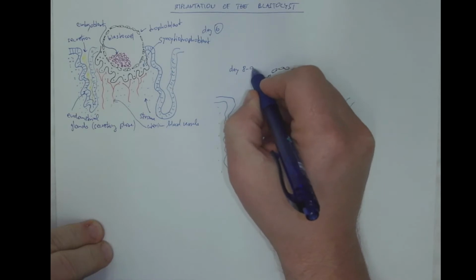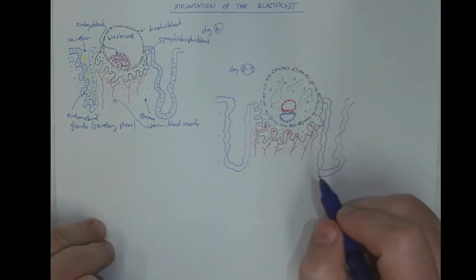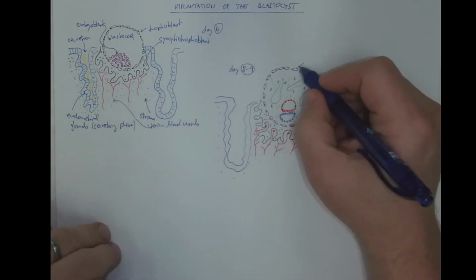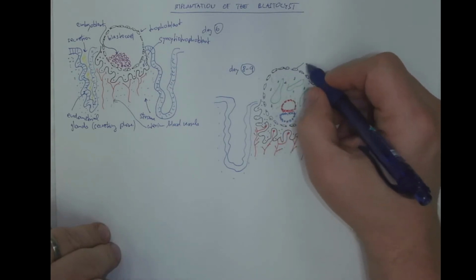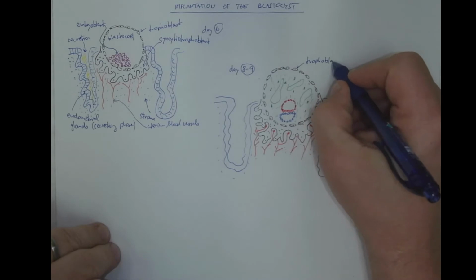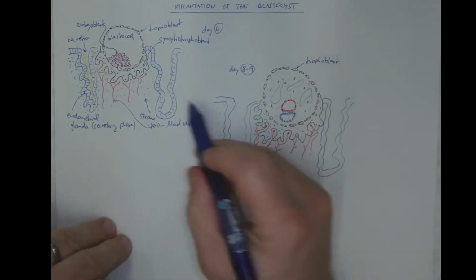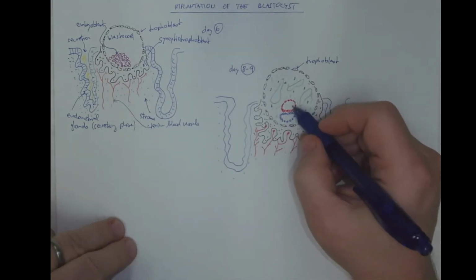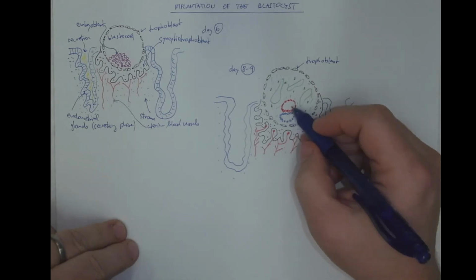So day 8 to 9 after implantation, we still got the trophoblast on the surface. However, inside the embryoblast, 2 vesicles emerged.